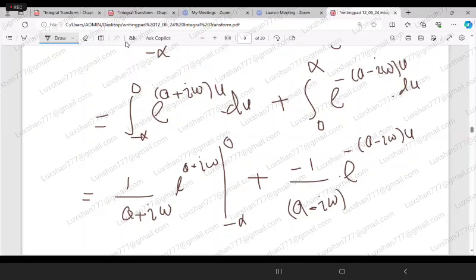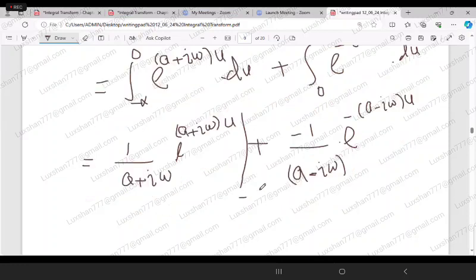Here also u is missing, I'm sorry. I want to substitute minus infinity to 0 here, and 0 to infinity here.